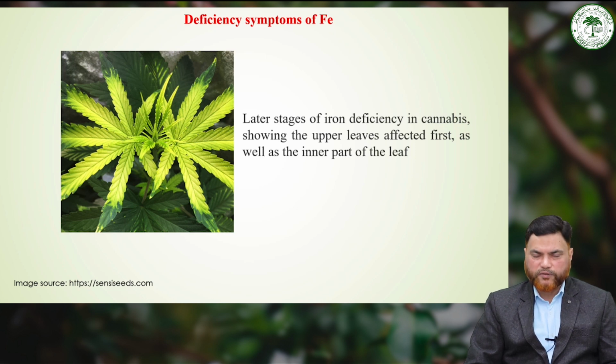Intervenal chlorosis appears between the veins, and if deficiency continues for a longer duration, the entire leaves turn yellow, and in the most severe cases young leaves may turn white with necrotic lesions.